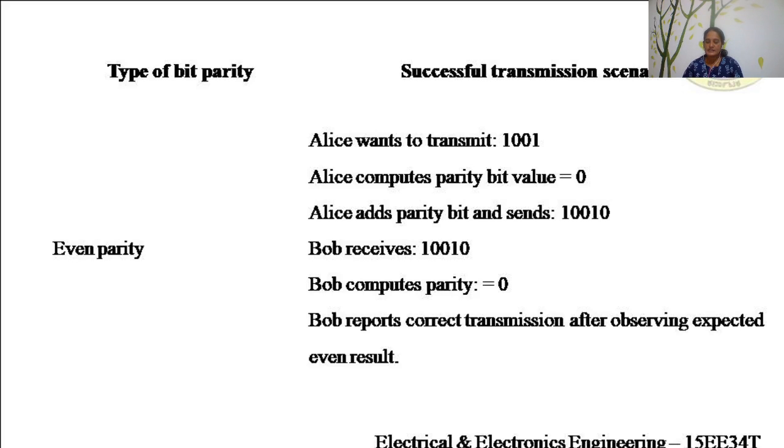At the receiving end, for even parity, if Bob receives the data as 10010, he calculates the parity of the data. Here, parity is even, and since we have assumed even parity, Bob considers the received data is correct.